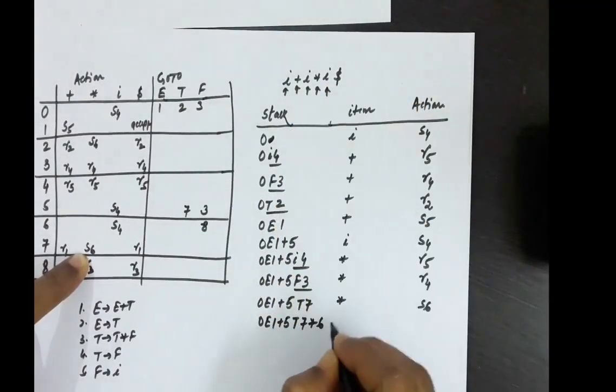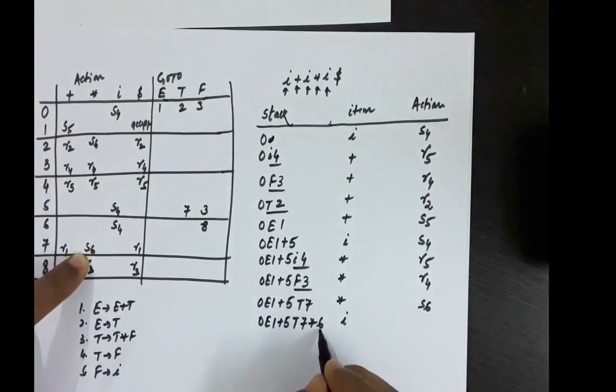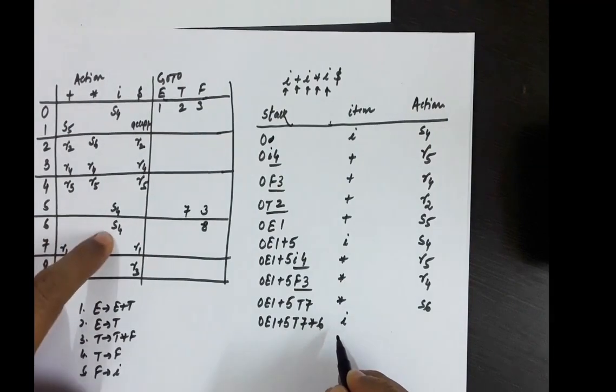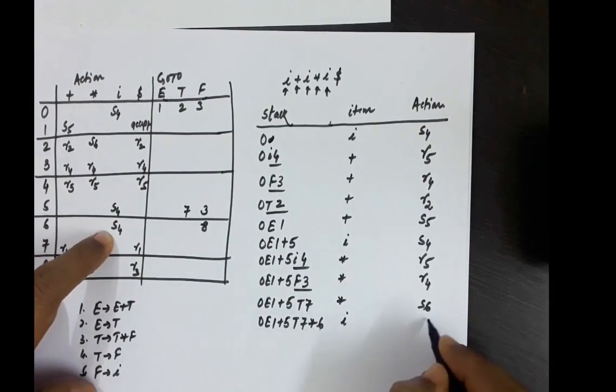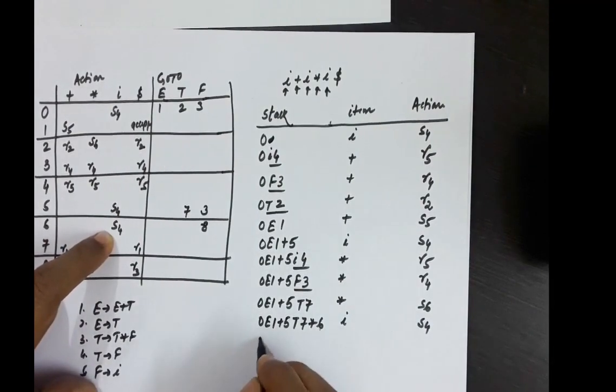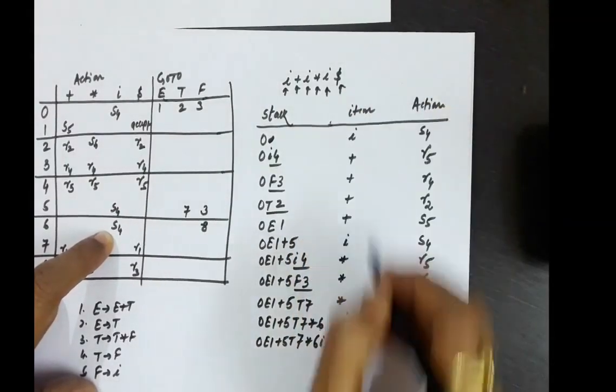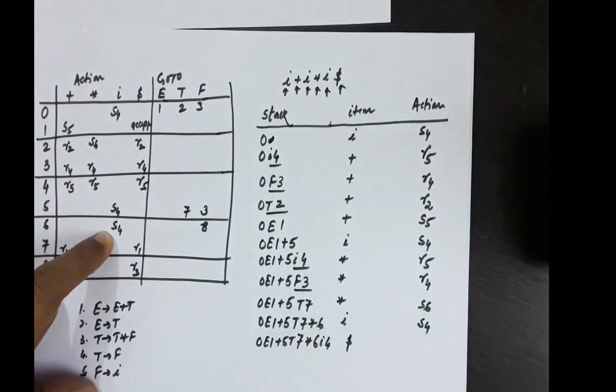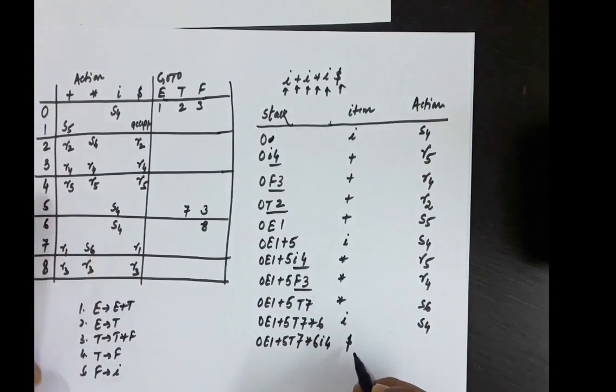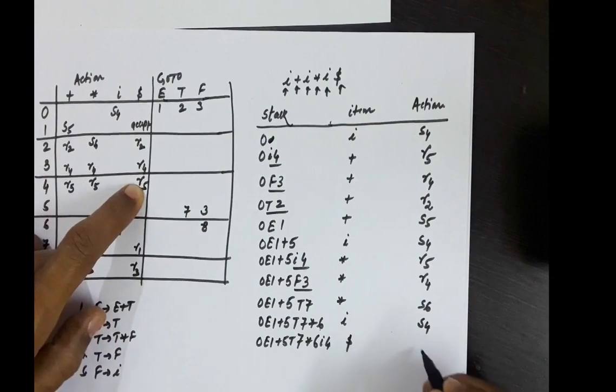Next symbol is I. Now 6 with I is S4. So you have to shift this symbol on the stack. 0E1 plus 5T 7 multiplication 6I4. Next symbol is dollar. Fine. So 4 and dollar is R5.